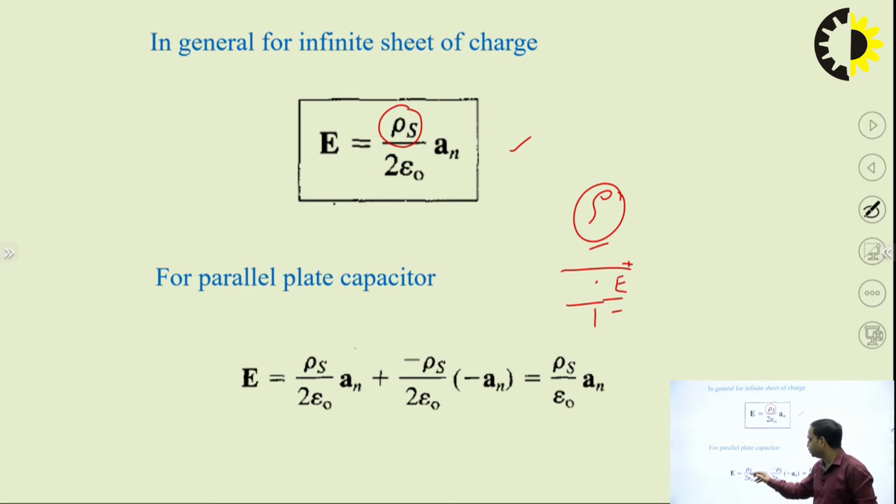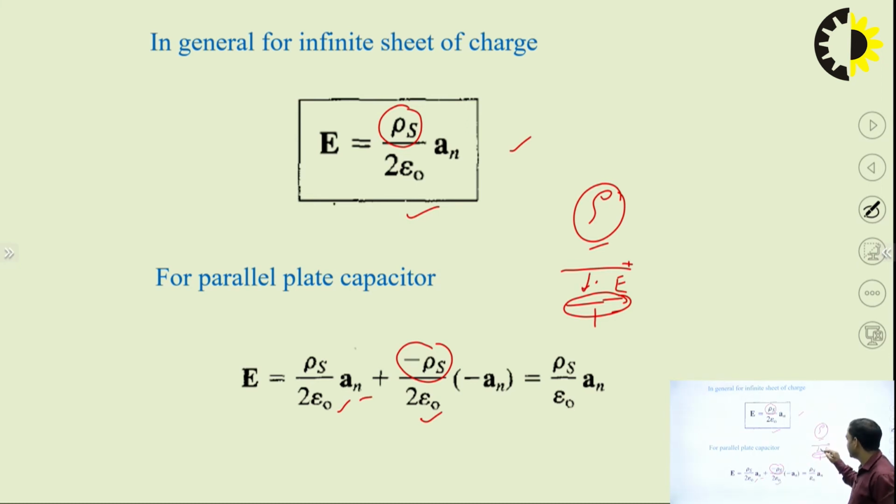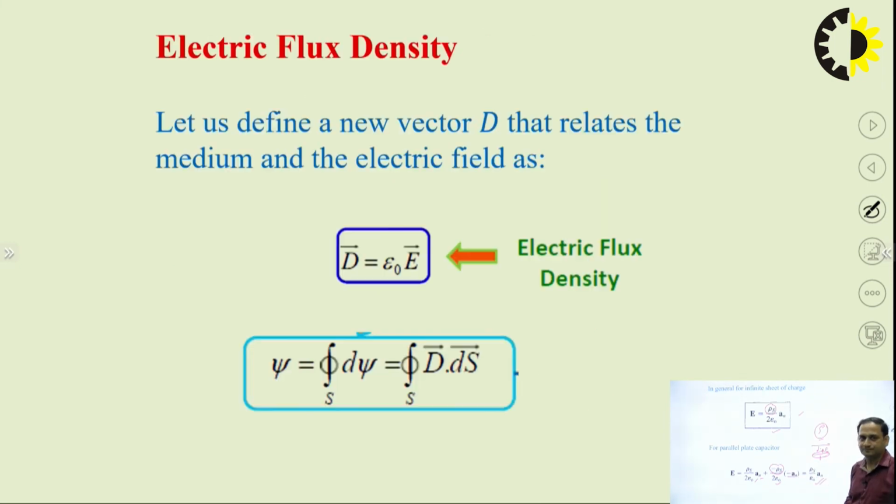So when we use this formula, rho_s is there because of the positive charge density, and this one is minus rho_s because of the negative charge density, right? So when we apply this, a_n is in this direction and minus a_n is in this direction, so we are taking the minus sign here. So when we add these two contributions, finally we will get rho_s upon epsilon naught a_n.